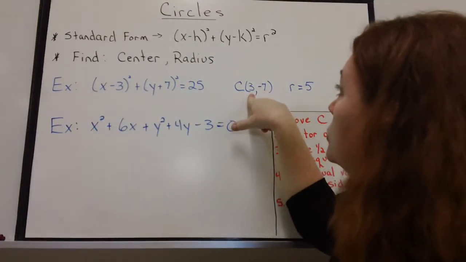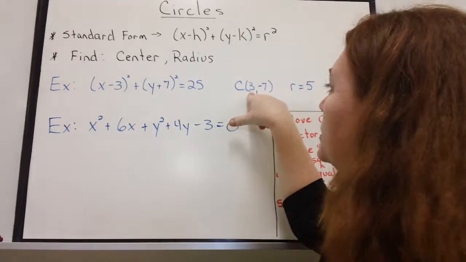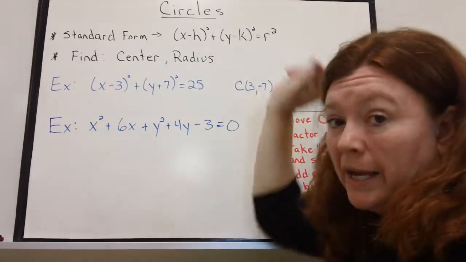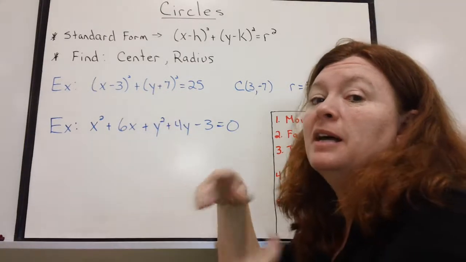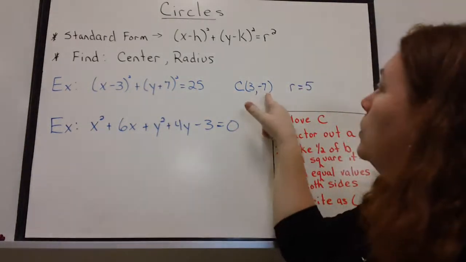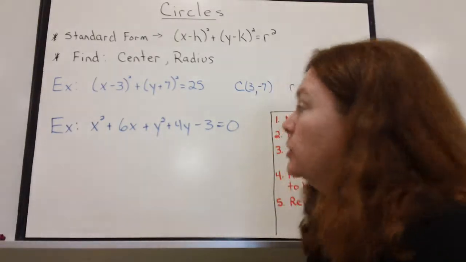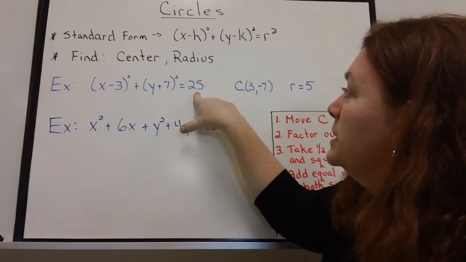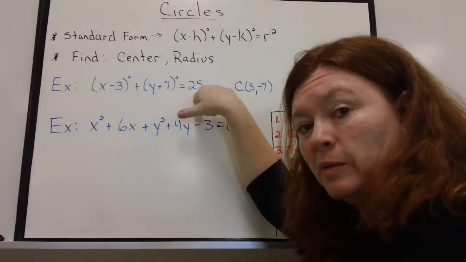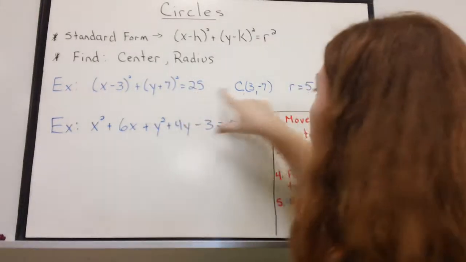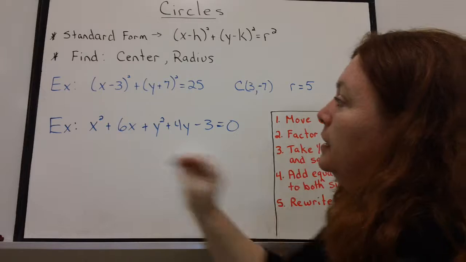H is the x-coordinate of the center of the circle. K is the y-coordinate, and in this case it is y minus a negative 7. So (3, negative 7) is the center of my circle. This number represents r squared, so I take the square root to get my radius, which is 5.